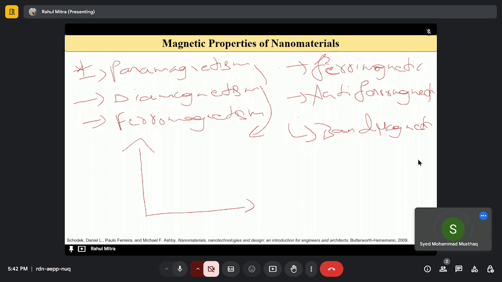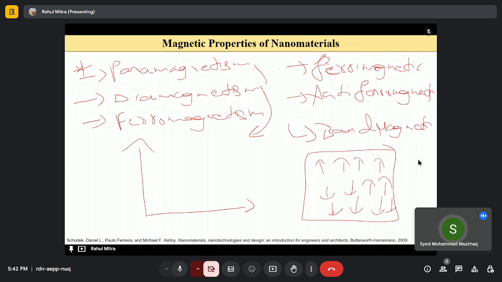Let's suppose you have a material and in that you have spins which are very randomly oriented, right? So these spins aren't interacting, and paramagnetism shows that on application of the magnetic field, these magnetic moments will show a reaction with the magnetic field, and these moments will align themselves, and it has a poor response when compared to ferromagnetism.